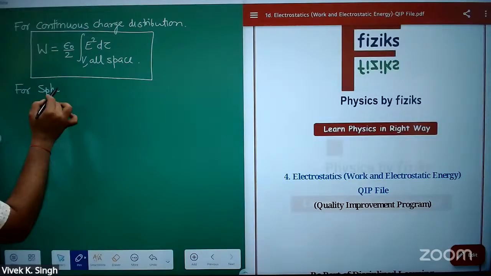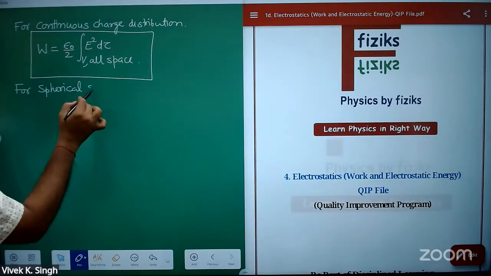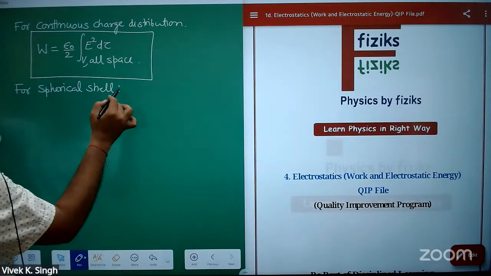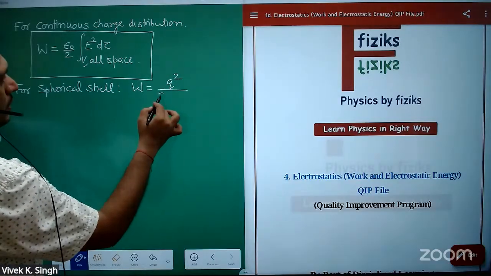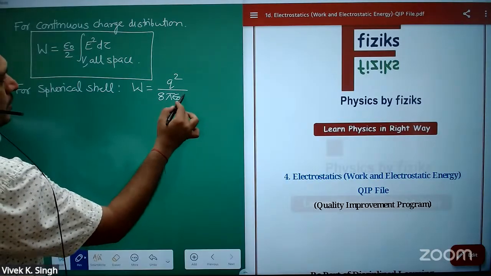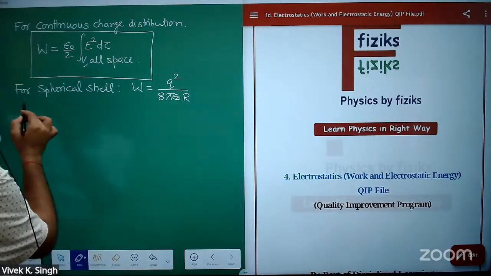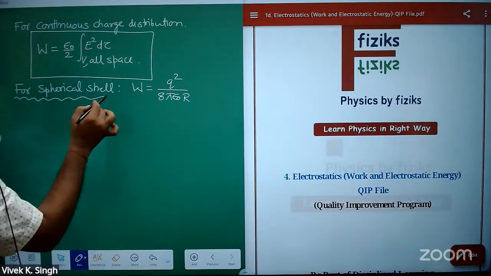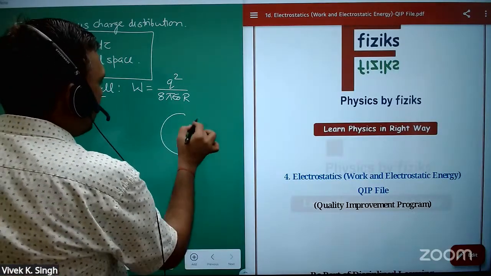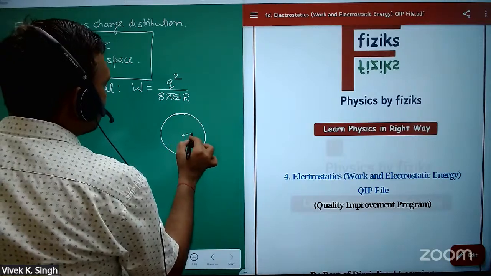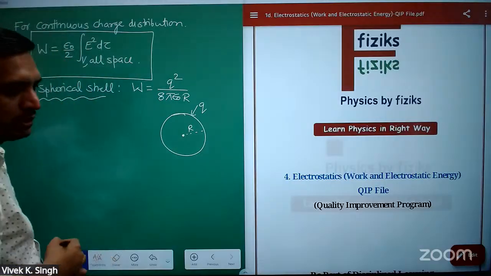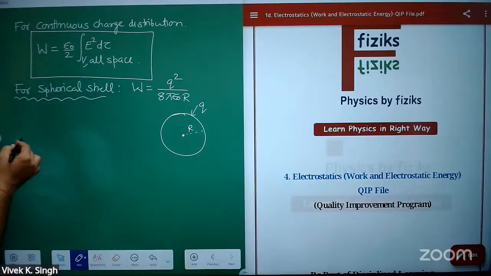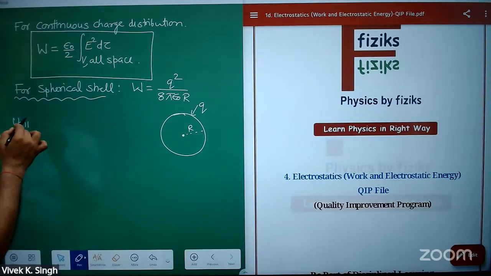And there are two standard results. The electrostatic energy for a spherical shell is given by Q square by 8 pi epsilon 0 R. What is a spherical shell? It is a shell of radius R where charge Q is uniformly distributed over it. Another example is a uniformly charged dielectric sphere.